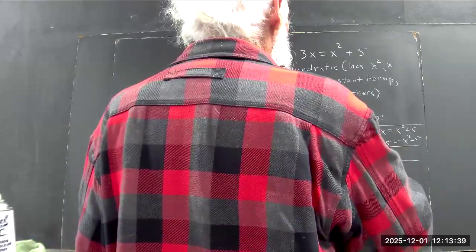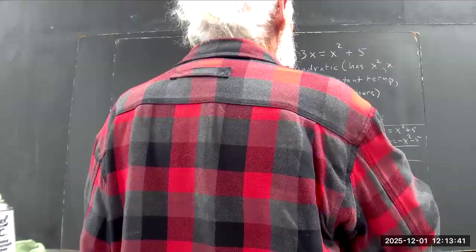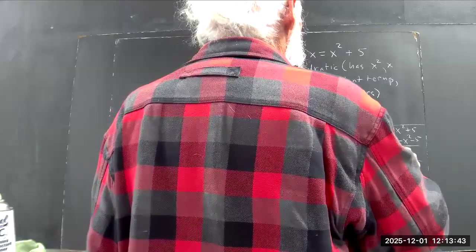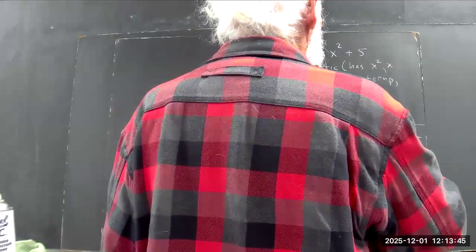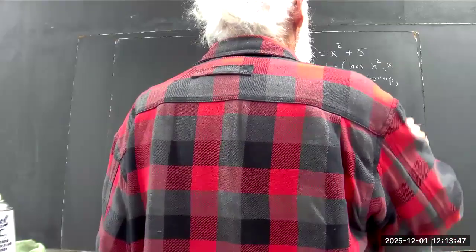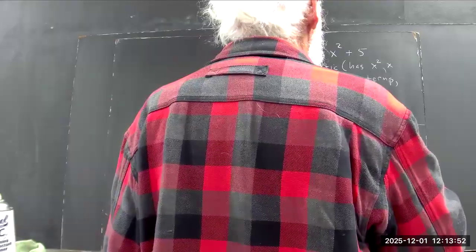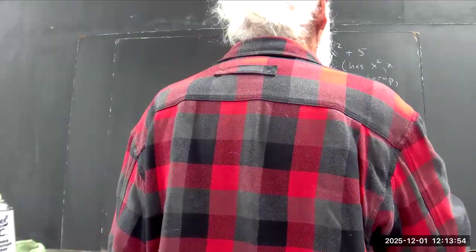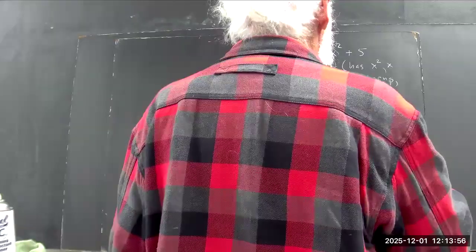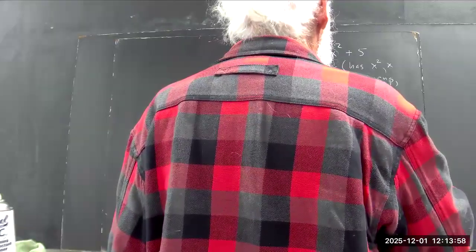And we would get negative x squared plus 3x minus 5 equals 0. And this is an alternative.